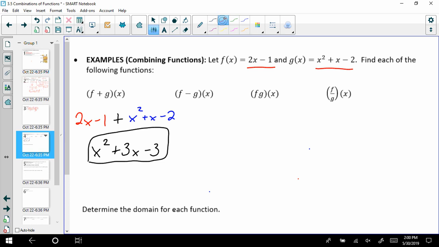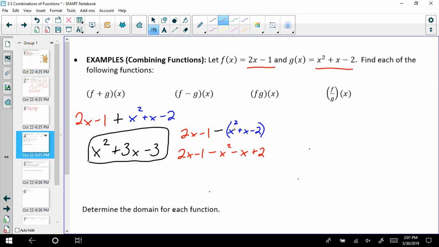Okay, let's do the next one. So f, 2x minus 1, minus g. Now this is where people mess up. We need to make sure with the subtraction that I subtract the entire function behind it. So I'm going to keep it in parentheses, because what's actually going to happen, I would have my 2x minus 1 minus x squared minus x plus 2.